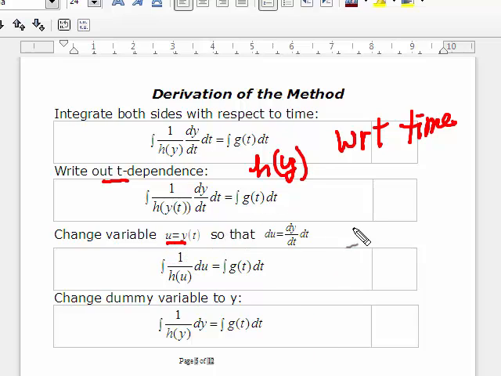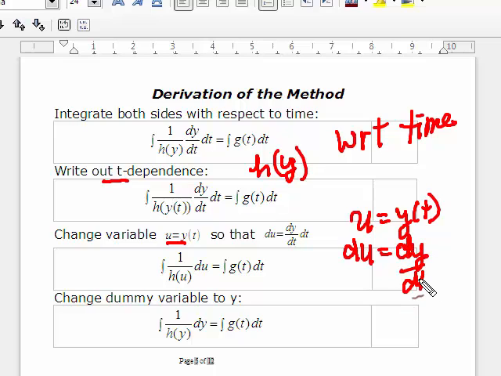Now I'm going to change a variable. I'm going to let u equal y of t. Then what is du? In a change of variable form, we write du equals dy by dt times dt, although you might say that contradicts what I said a minute ago, but that's how we do it. So I can replace all of this with du, and of course I replace the y with u in the change of variable.